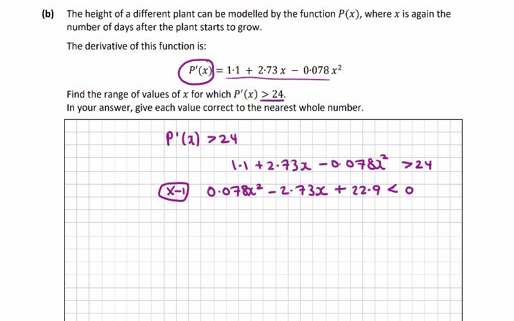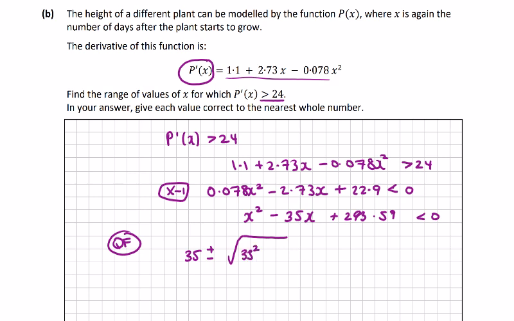So if I divide by 0.078, I'm going to get x squared minus, this works out to be 35x, but the last term does not work out to be even. It's giving me 293.59. And then I'm just going to use the quadratic formula for this. 35 plus or minus the square root of 35 squared minus 4 by a by c, 293.59, all divided by 2a.